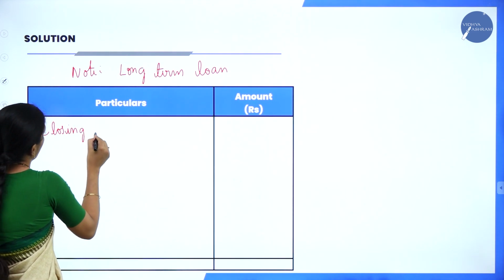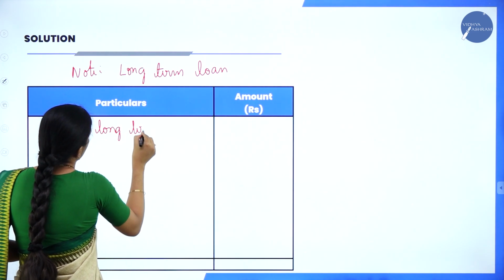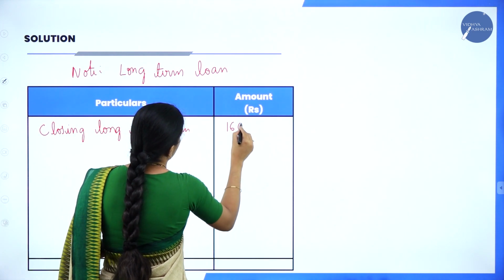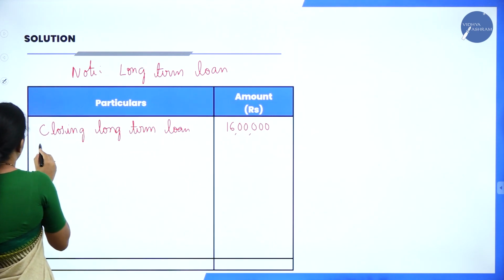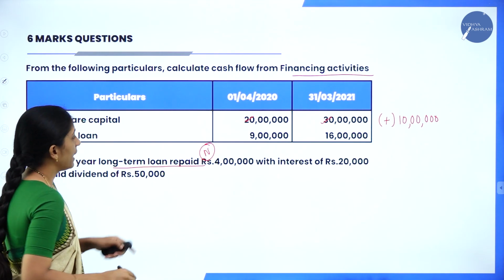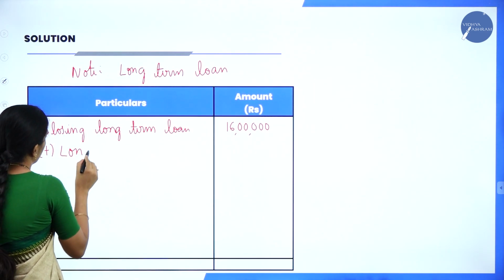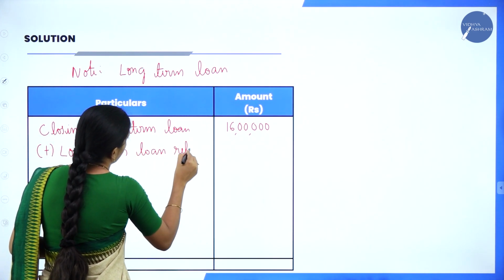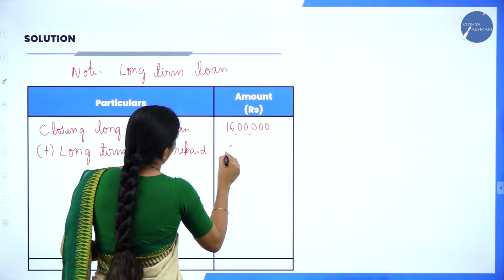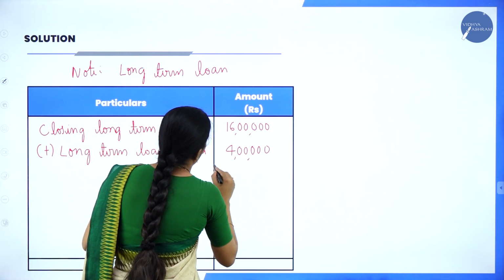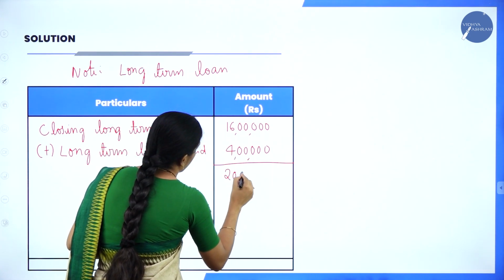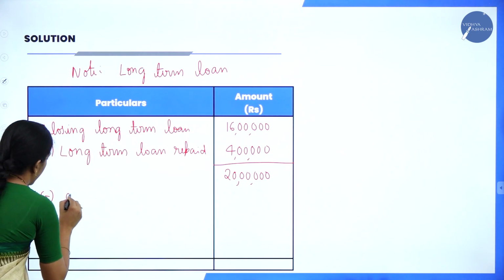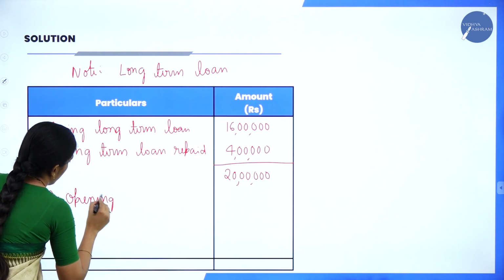Closing long-term loan is 16 lakh plus long-term loan repaid, that is 4 lakh. So, overall it is 20 lakh. 16 plus 4 minus opening long-term loan.